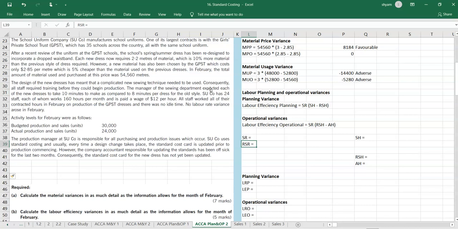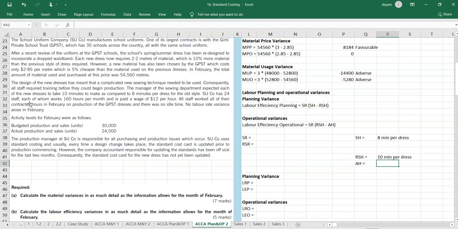The manager of the sewing department expected each of the new dresses to take 10 minutes to make, as compared to 8 minutes for the old style. Okay, so I think they have given us the hint. The old one took 8 minutes per dress, and the new revised one is 10 minutes per dress. Okay, so we'll move on.